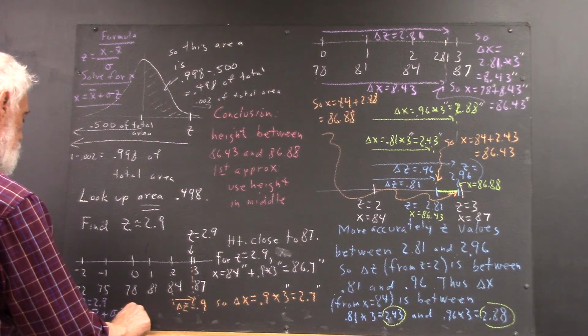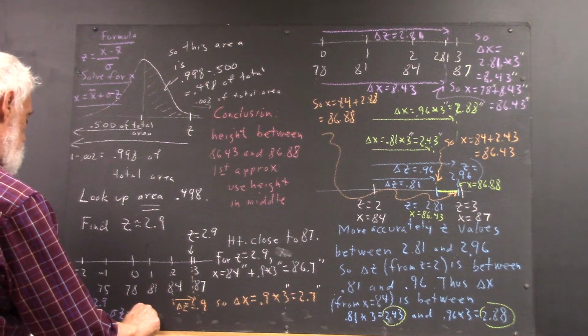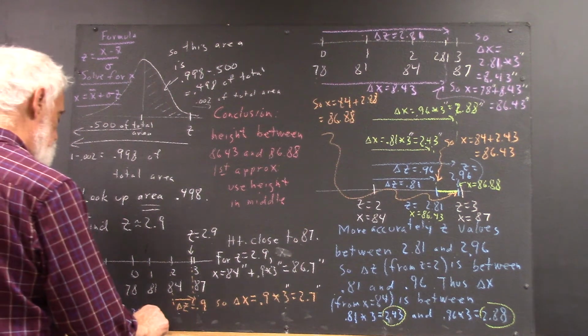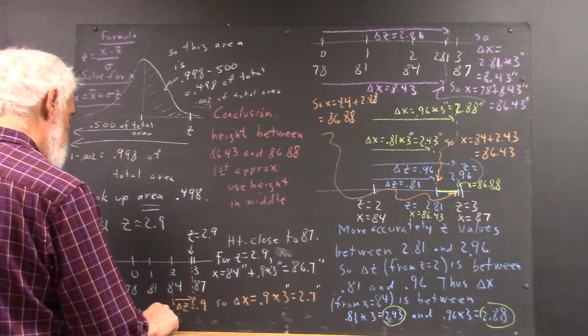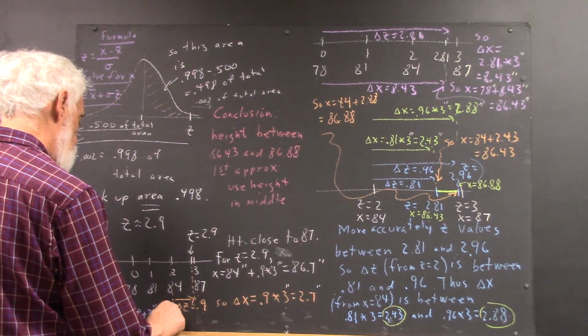That's going to be 78 plus 3 inches times 2.91.